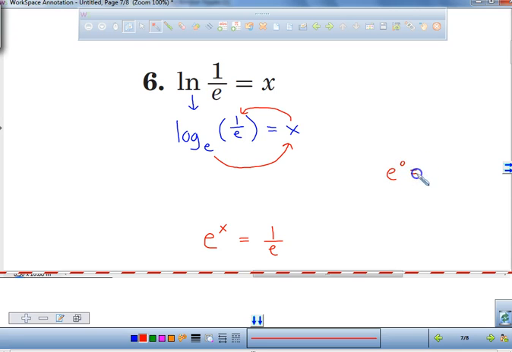Here's something you probably need in your journal. Any number raised to the power of 0 is 1. E to the first is just e to the first. E squared just stays e squared. I'm not going to keep going, okay? But if I said e to the negative 1, that means 1 over e. Just like e to the negative 2 would be 1 over e squared.